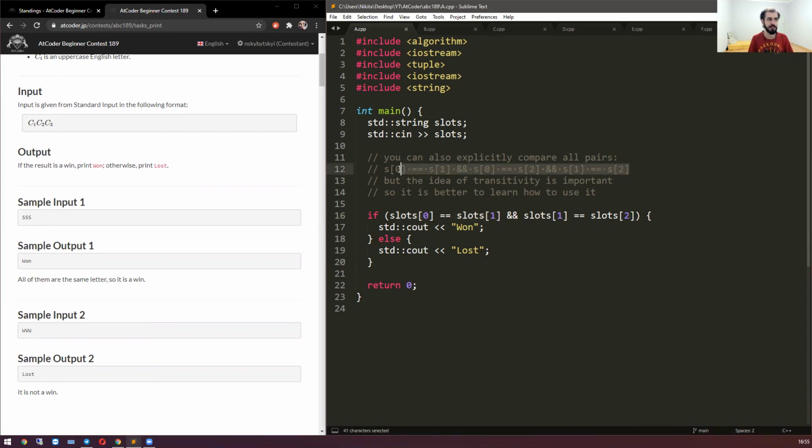Of course, you can check all 3 equalities explicitly, but the idea of transitivity, that if A equals B and B equals C, then A also equals C, is important. You can sometimes use it to reduce the runtime complexity of your algorithms, so you've got to learn how to use it. You can save not only time but also complexity sometimes. So just make it as simple as you can.